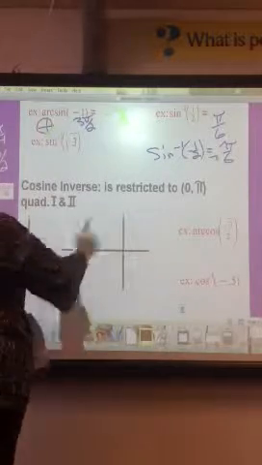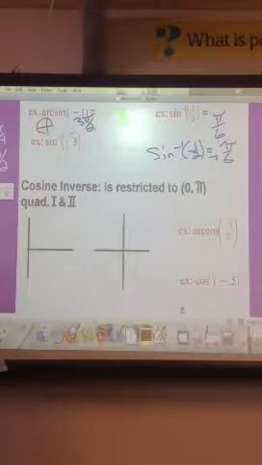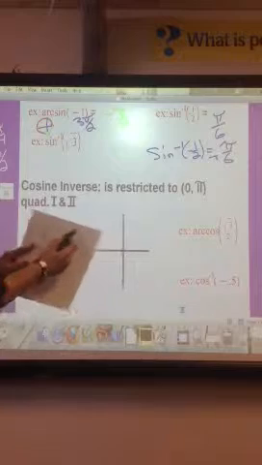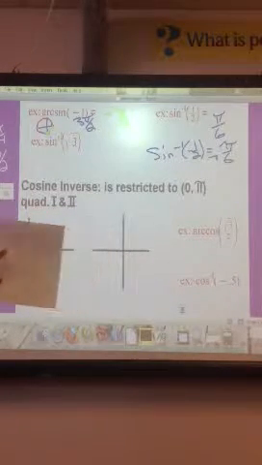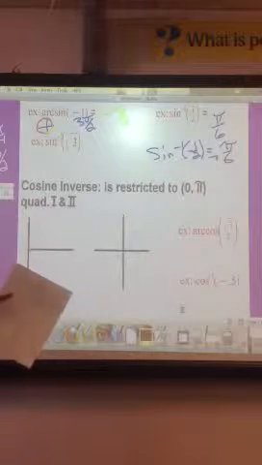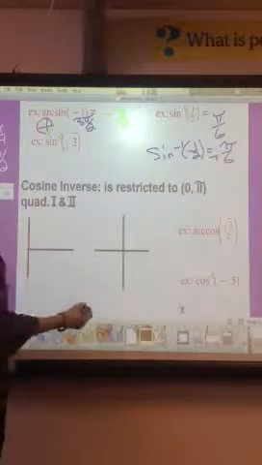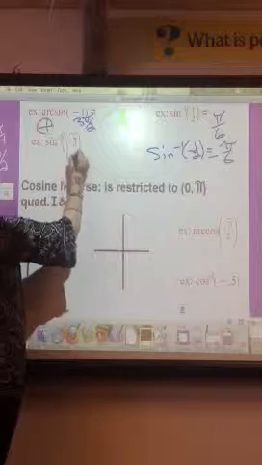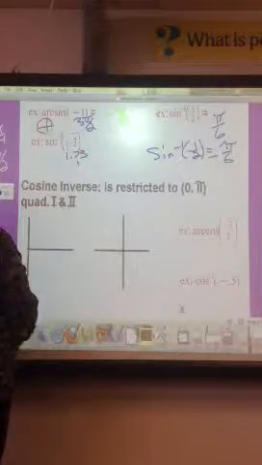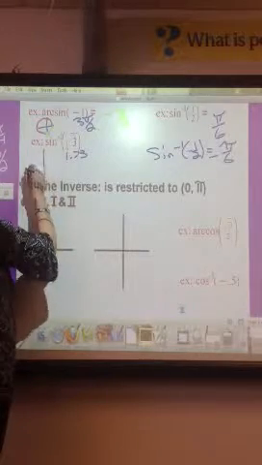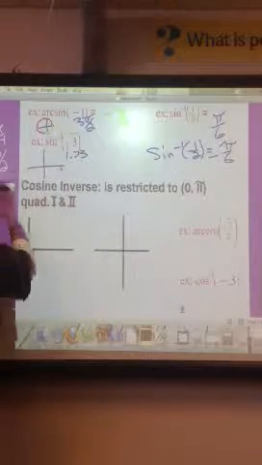The next one, sine inverse of the square root of 3. Unfortunately, if you look for sine here and here, square root of 3 does not exist. So you have to do the decimal version of it. And if you type in square root of 3 on your calculator, you get 1.73. Now, where is that going to land us on our charts? Well, let's think.